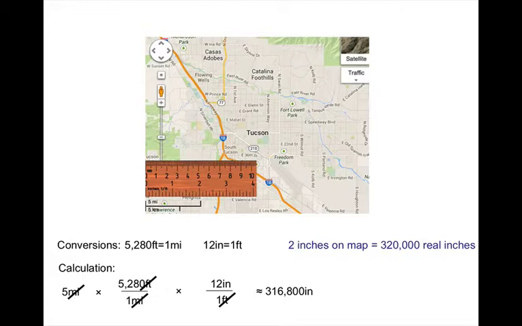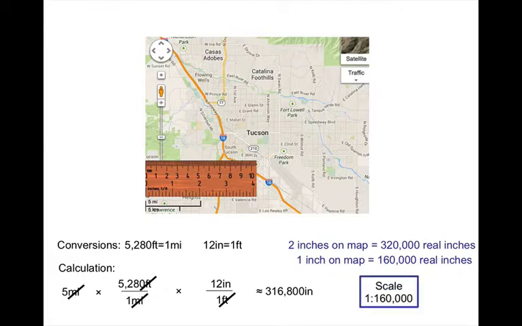If I divide this by 2 again, it tells me that 1 inch on this map is equivalent to 160,000 real inches. This is a 1 to 160,000 scale map. I would have to scale it up by 160,000 times to make the map the same size as the city of Tucson.